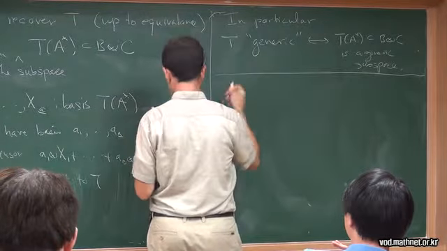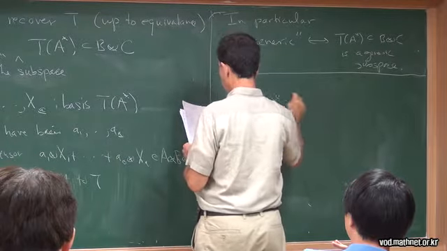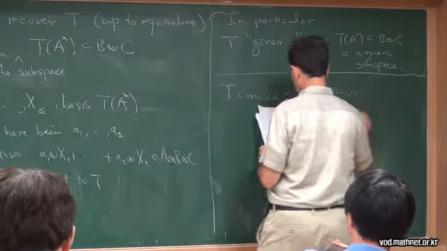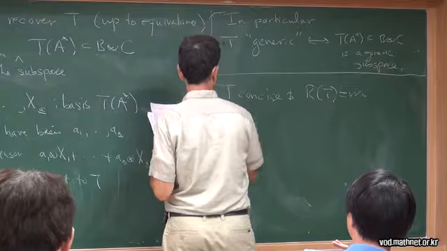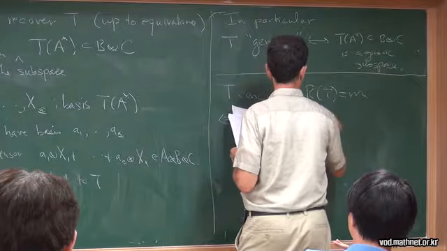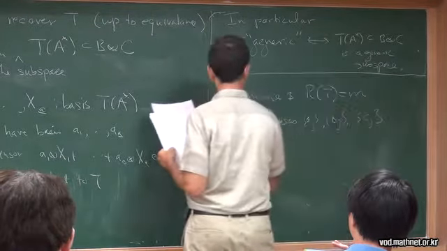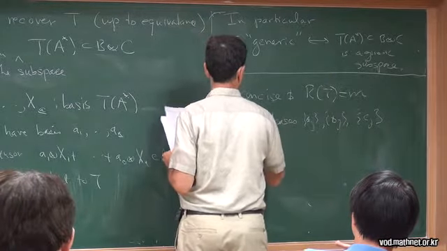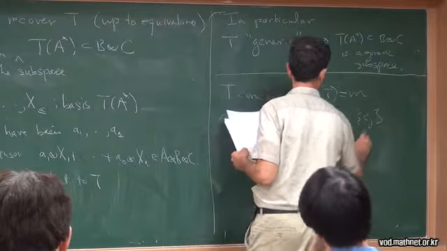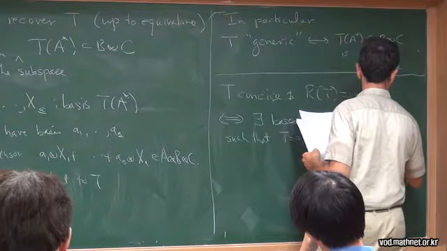So, well, actually, before that, let me make one more remark. So let's say T is concise, and the rank of T is exactly M. This is true if and only if there exist spaces, say Aj, Bj, Cj, such that T is some A1 tensor B1 tensor C1 plus dot dot dot plus AM tensor BM tensor CM.